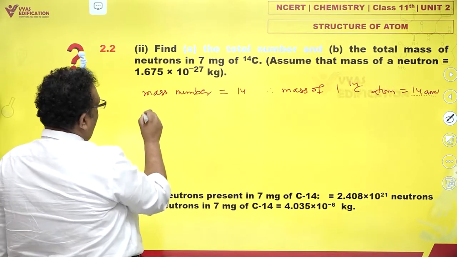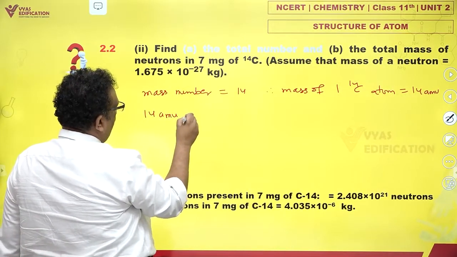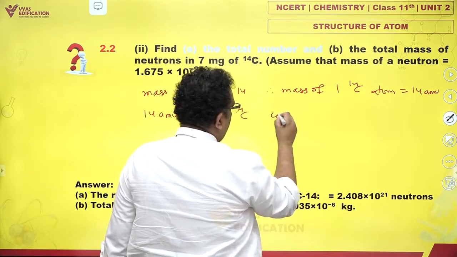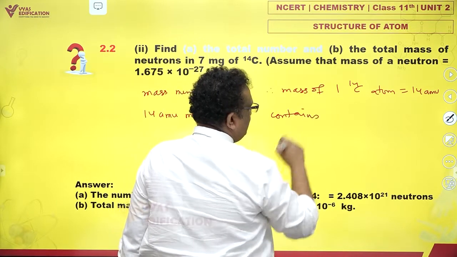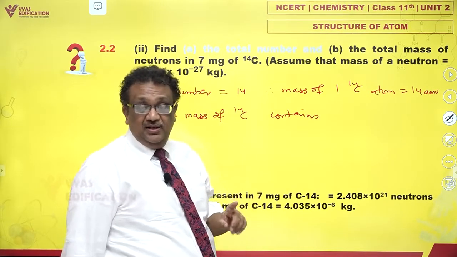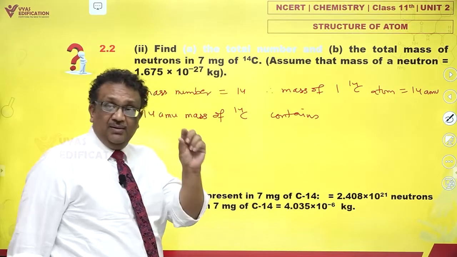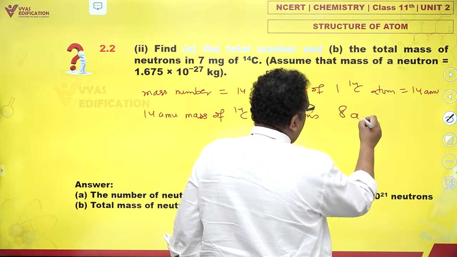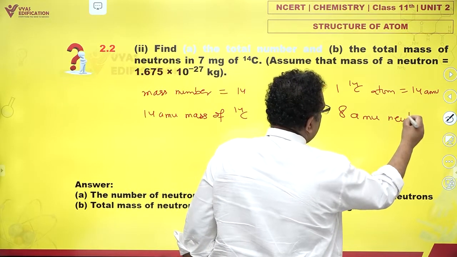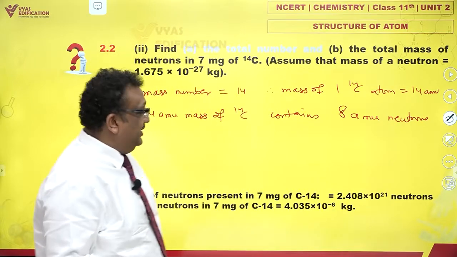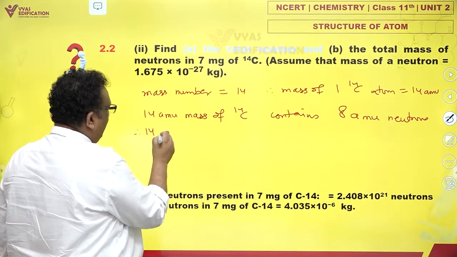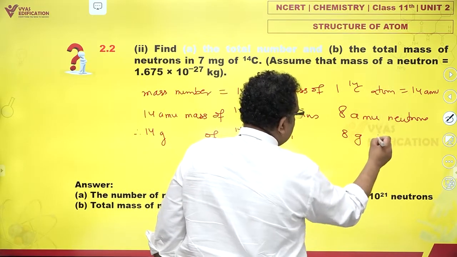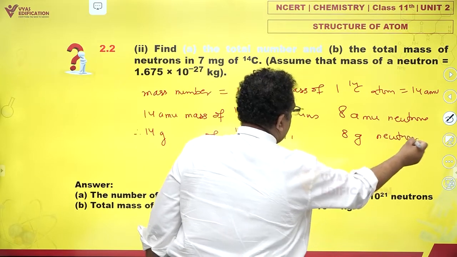So if you take one atom of C14, its mass is 14 AMU, and it contains 8 AMU of neutrons. That means, therefore, 14 grams of C14 contains 8 grams of neutrons, right?